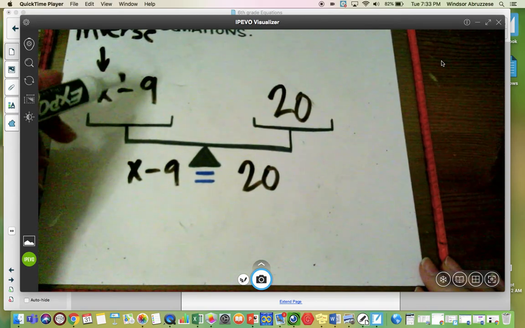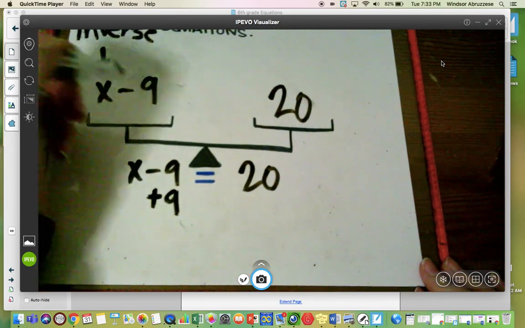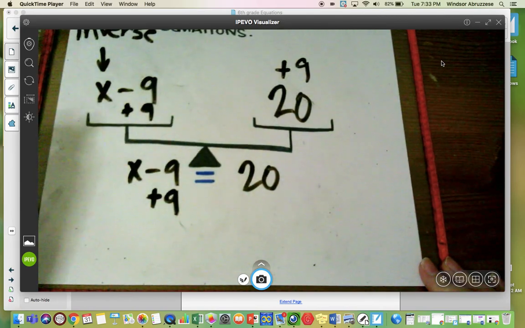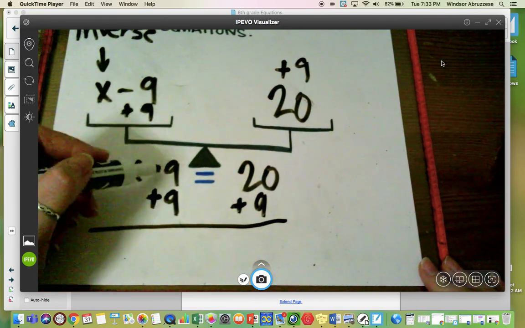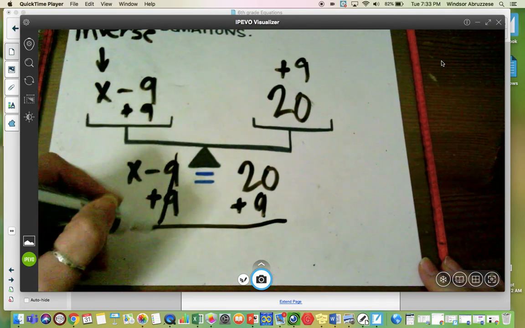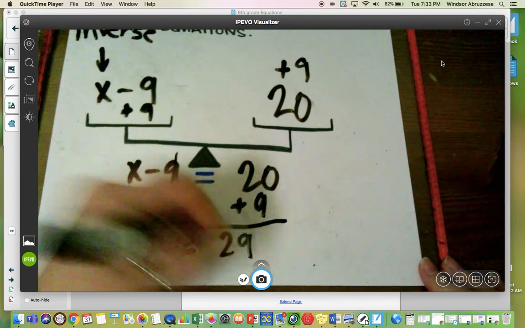What's the opposite of minus 9? Positive 9. If I add 9 to this side, I have to add 9 to the other side. So a minus 9 and a plus 9, that's 0. So I'm left with x equals, and what's 20 plus 9? 29.